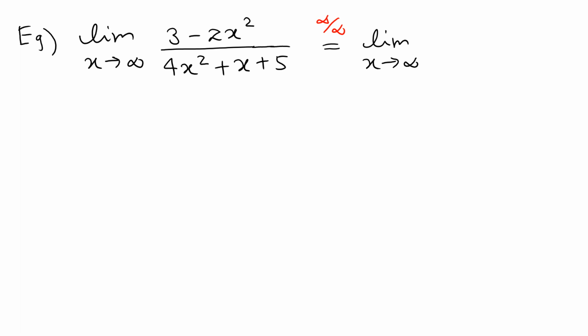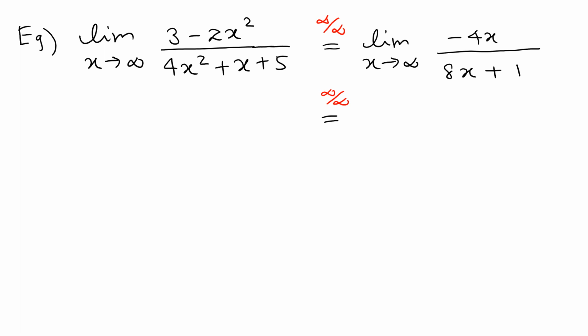From the numerator, you're going to get 4x, and from the bottom, you're going to get 8x plus 1. So now we check the limit again. You can see when x goes to infinity, you again get infinity over infinity. It's like a negative infinity or positive infinity, but we can just say infinity over infinity.